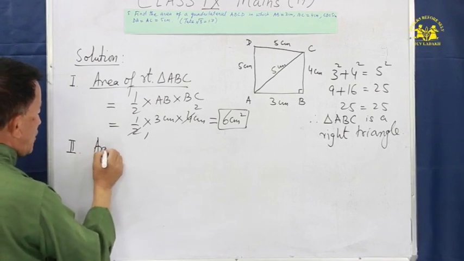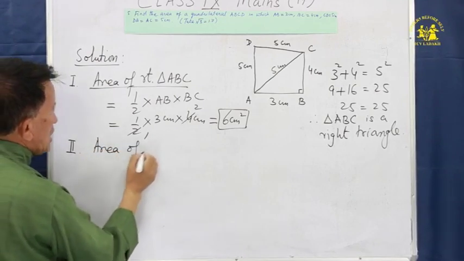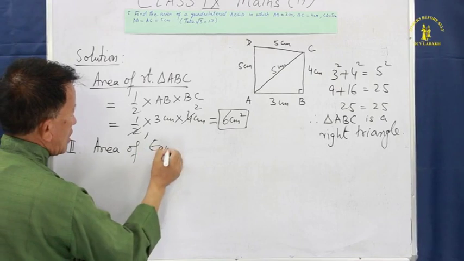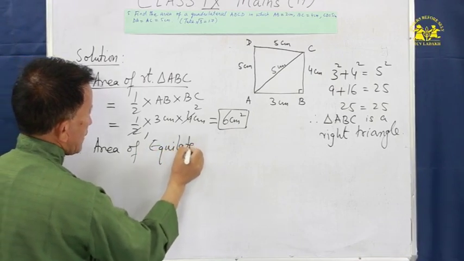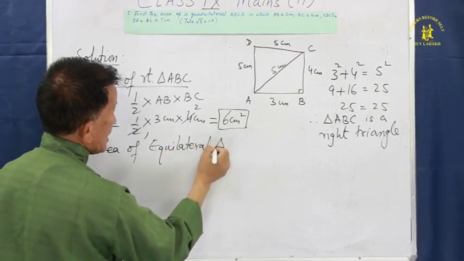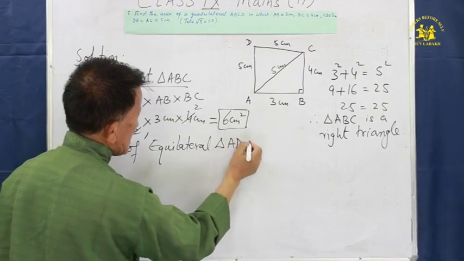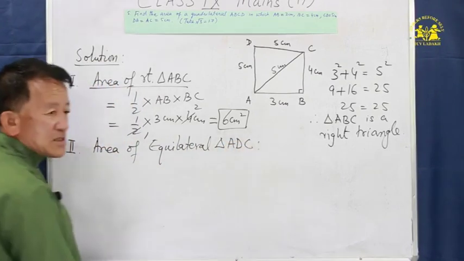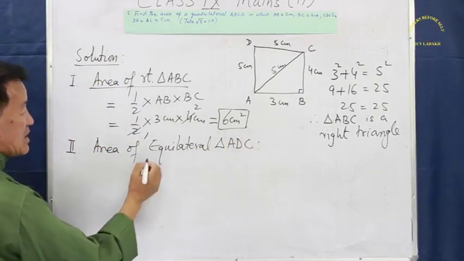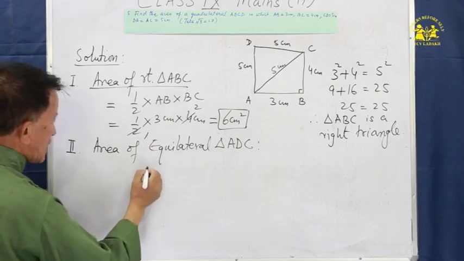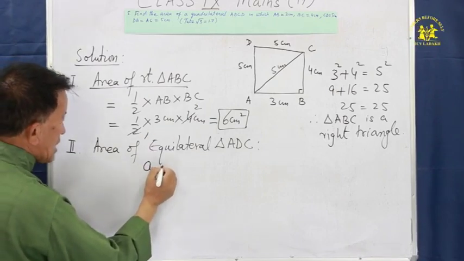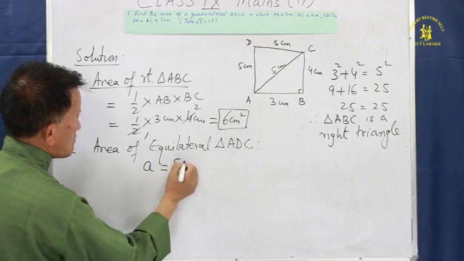Area of equilateral triangle ADC, because all the sides are equal. So in this case, let one of the sides, a, be equal to 5 centimeters.